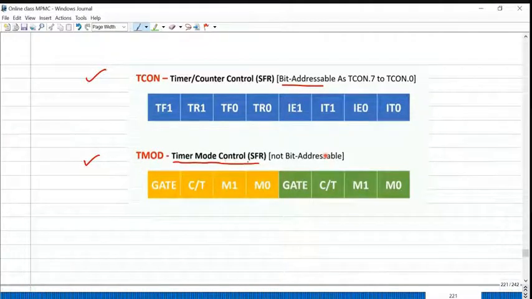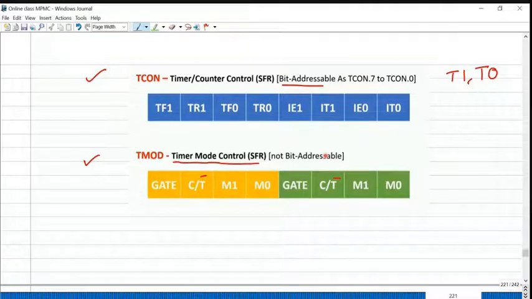That is mode control. It is counter slash timer bar, actually. Apart from this, various modes are available that we will discuss. In the timer counter control special function registers, we know timer 1 and timer 0: two 16-bit registers are available.